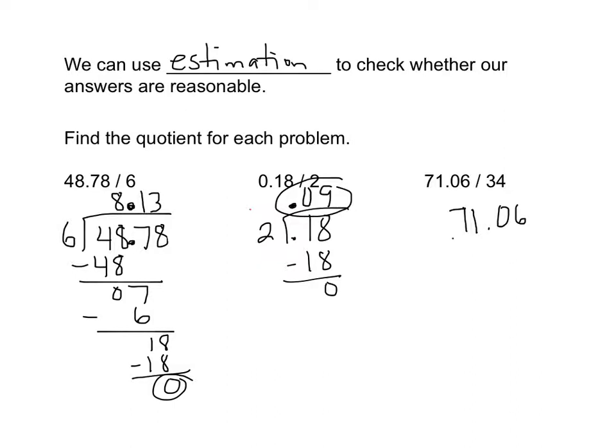Right, and then 71 and 6/100ths divided by 34. 34 goes into 71 twice. I'm going to actually move this down.